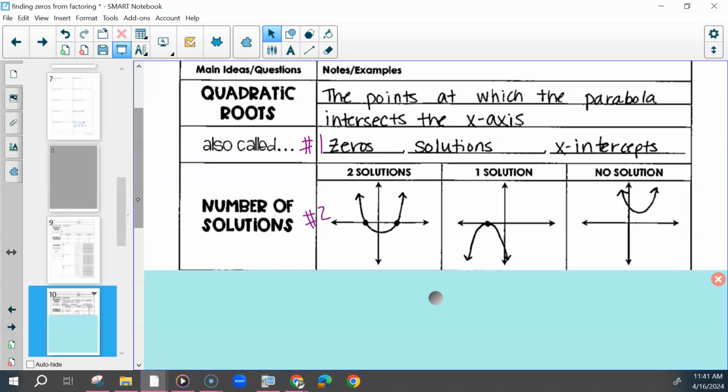That's how you would get no solution. So for your characteristics of quadratics, you not only need the vertex, axis of symmetry, domain, and range, but also your zeros. That can be done from a graph or by factoring. Make sure you have the rough sketch of these 3 also.